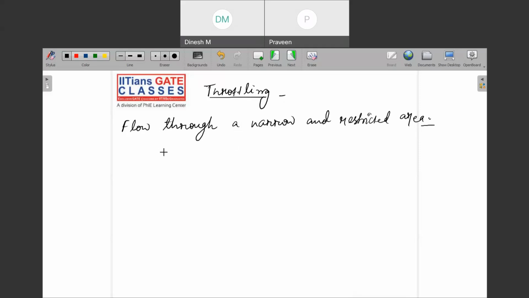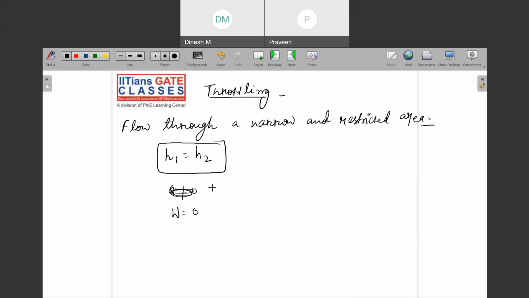So the characteristic of throttling is that H1 will always be H2. But this Q value is not equal to 0? And W value is always 0. Whenever they say that a certain substance is being throttled, yeah, Q is also 0.